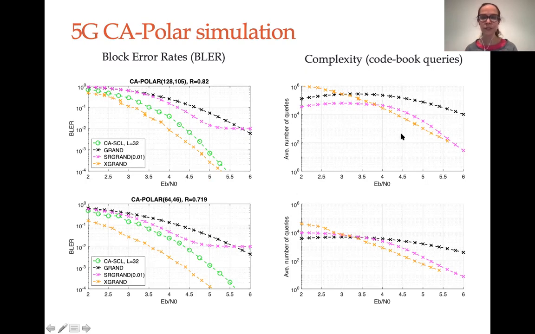And you can also see, as we've mentioned before, the effect of the increase in signal to noise ratio in decreasing complexity. So here, suppose I want to be at 10 to the minus 4, which would mean I'd be at around 5 point something, the number of queries is around 100, given that the code length is itself only about 100.